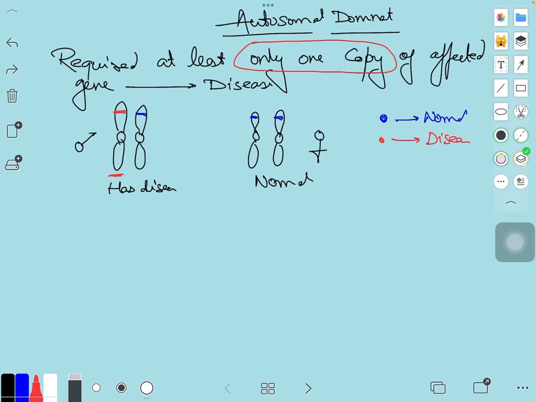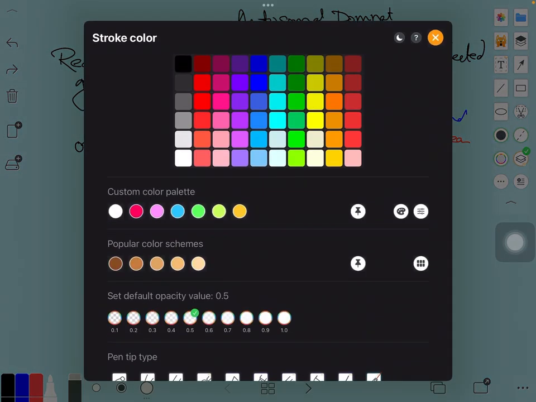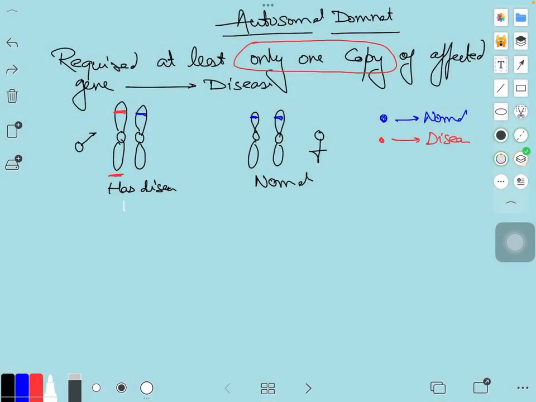Now let's say they both get married. Let's change the color. Okay, white is good. They both got married, so they will have a possibility. One of the possibilities, let's say this one, is they got an offspring like this after assortment.